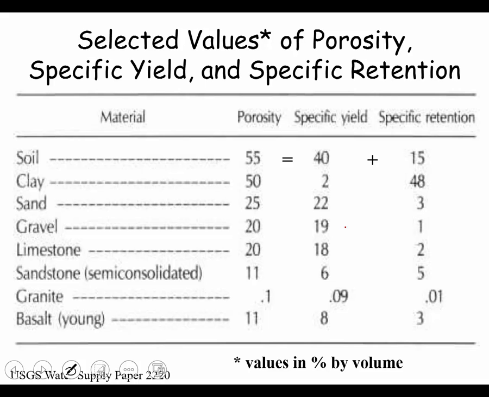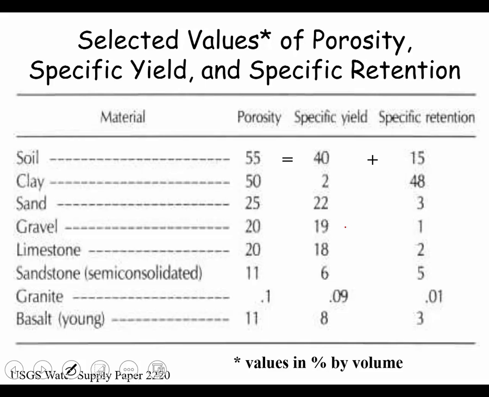The specific retention of clay is very high because that water is trapped between the little house of cards like plates that we have from those clay minerals. Okay. On the other hand, look at sand. Sand, 25%. Not nearly as good as soil, but look at that. 22% of that drains out. Okay.